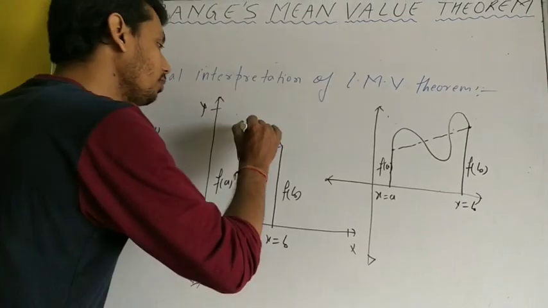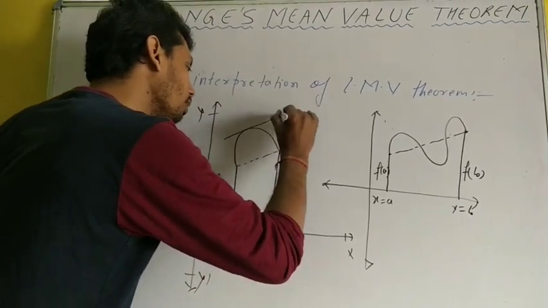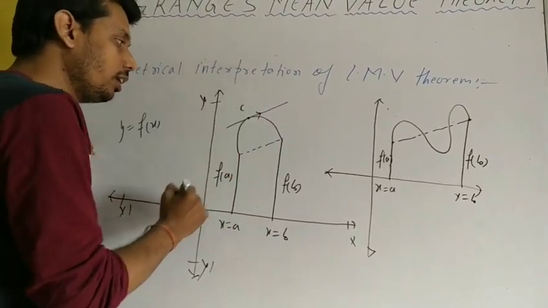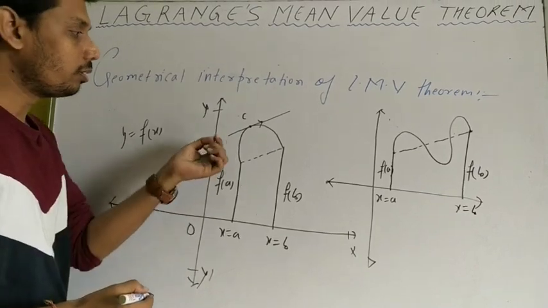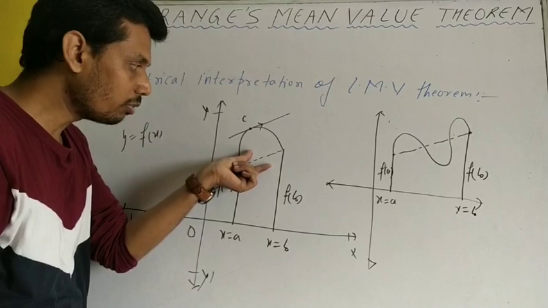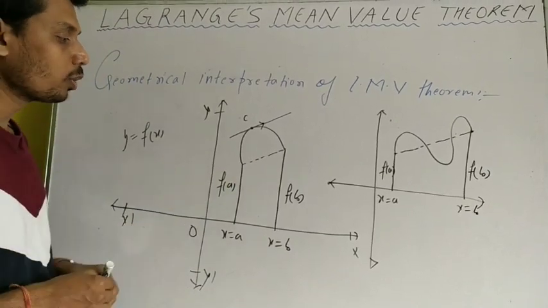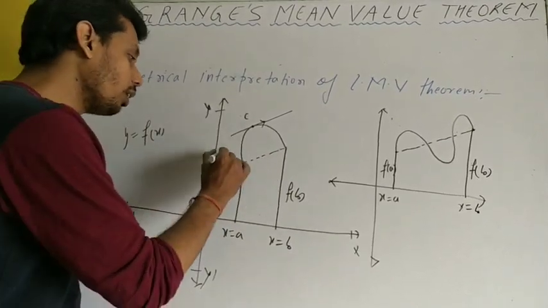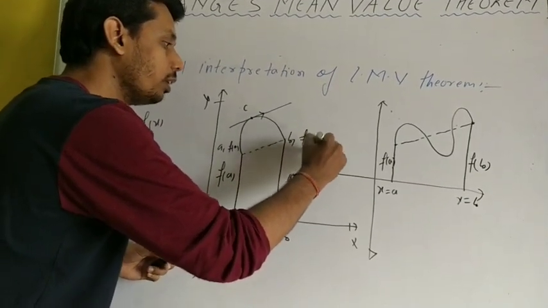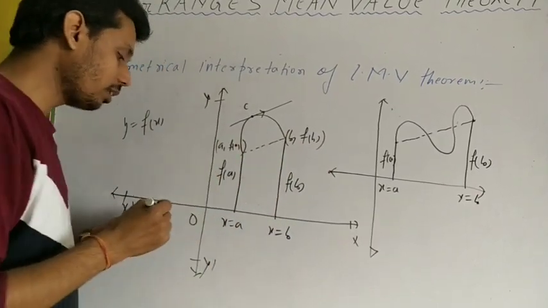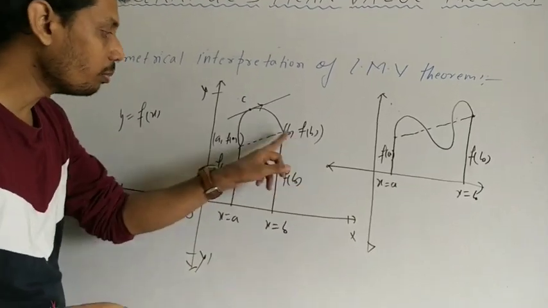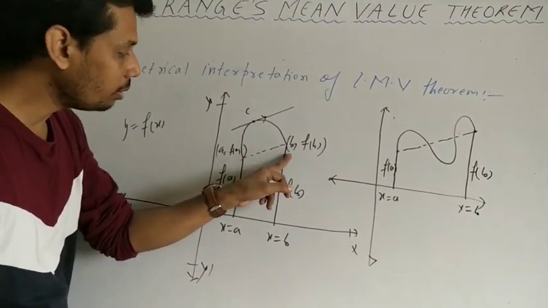Now then, there exists at least one value c such that at that particular c, the slope of the tangent will be equal to the slope of the chord joining the end points a comma fa and b comma fb, as we have discussed that f dash c is equal to fb minus fa upon b minus a.